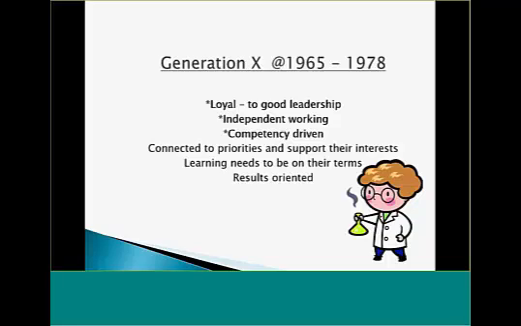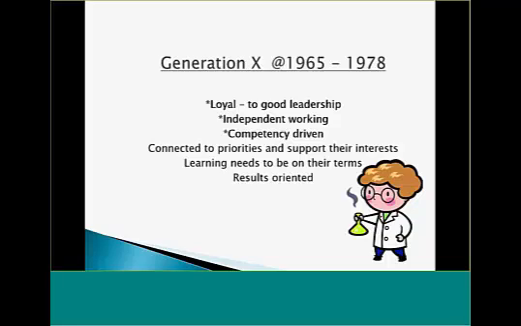And instead of process-driven, they have a tendency to be much more competency-driven. In other words, if I'm good at this and I can prove my competency, then I'm not all that interested in the process. Just go ahead and give me my rewards because I've proven myself. And so we're looking at the idea of competency over process here.